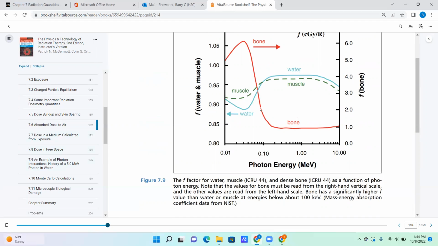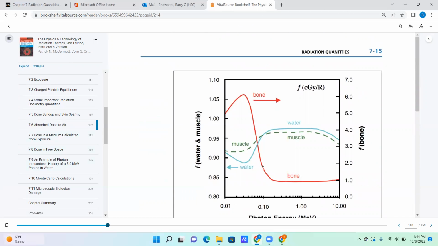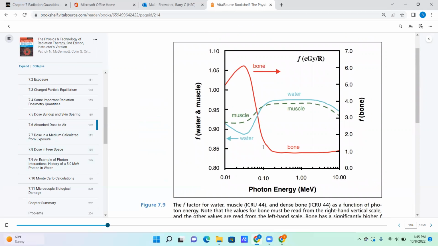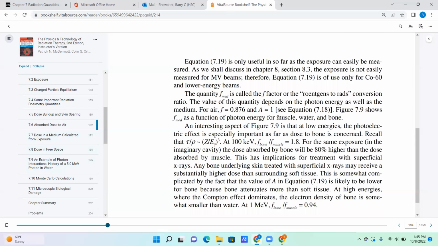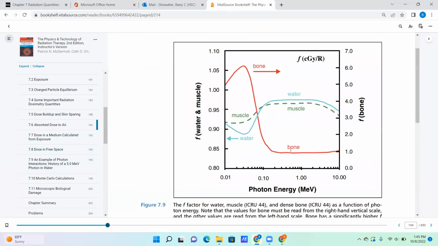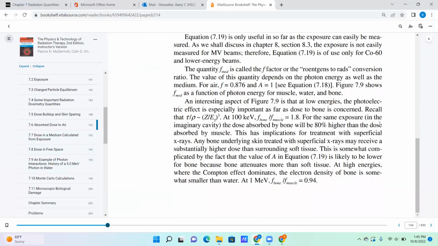So we're looking at this value, bone divided by muscle. Okay, so I think if we took this value divided by this value, that's where it would end up being. So for the same exposure, the dose absorbed by bone will be 80% higher than that absorbed by muscle.